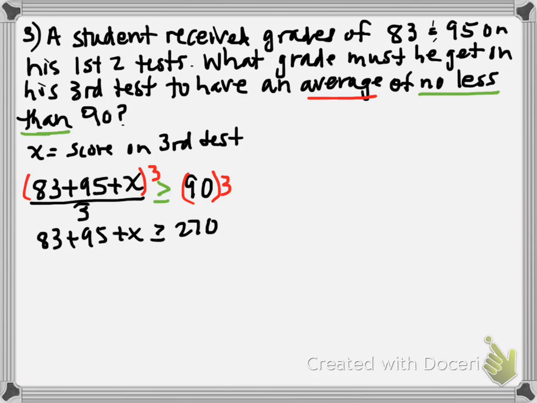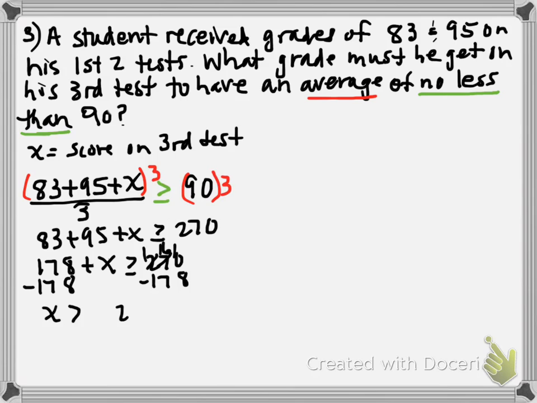Adding up our like terms, we get 178 plus x, greater than or equal to 270. Subtract 178 from both sides, and we get x is greater than or equal to 92.